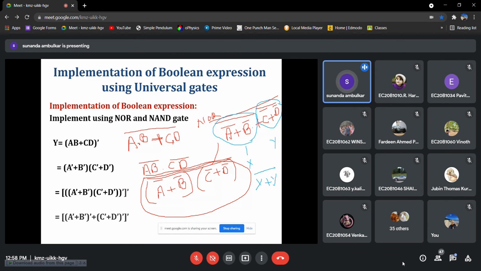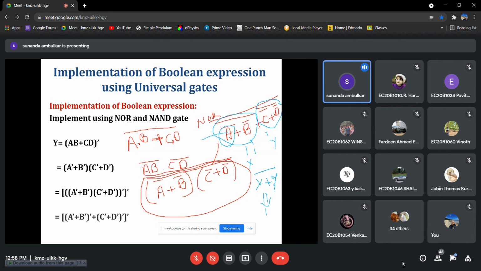So X and Y whole bar can be implemented using one single NAND gate. So what will happen here? One NAND gate we will use here. And one more thing is that the inputs of the NAND gates will be complemented terms.